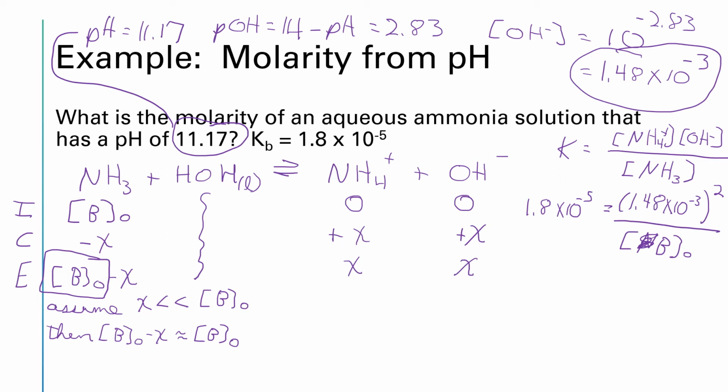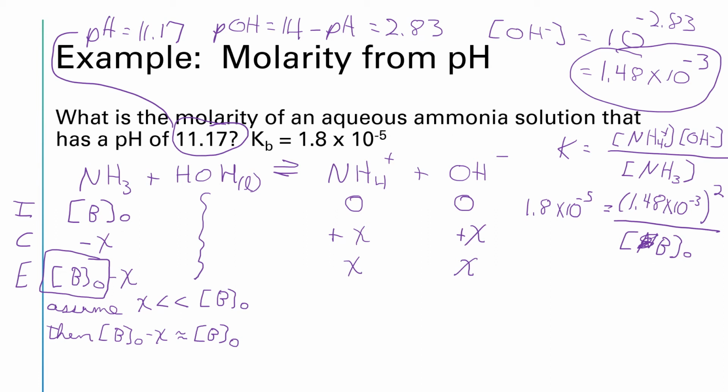Solving for variables in the denominator often causes problems, so the first thing I do when I see one down there is I get it to the numerator as quickly as I can. So to move B naught out of the denominator, let's multiply both sides by B naught.